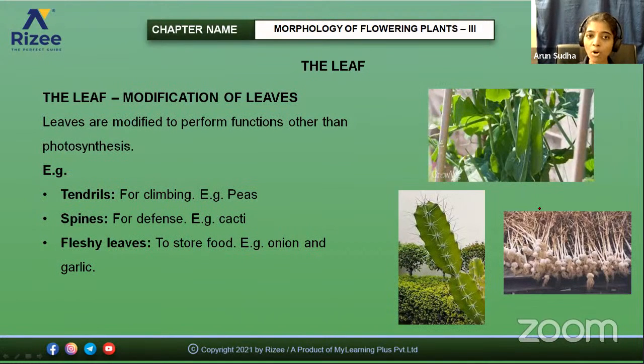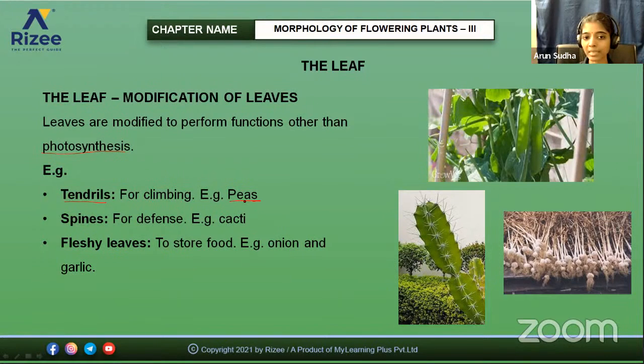Then we'll see about the modification of the leaves. So how are the leaves modified? They are modified to perform functions other than photosynthesis. We know that the primary function of the leaf is photosynthesis. So other than photosynthesis, they are carrying out some functions. So what are the functions? Some leaves are modified to form tendrils, so the leaves help in climbing.